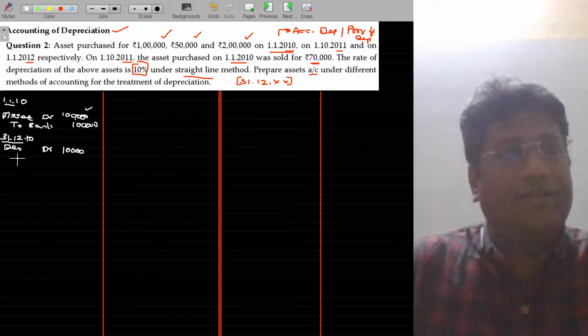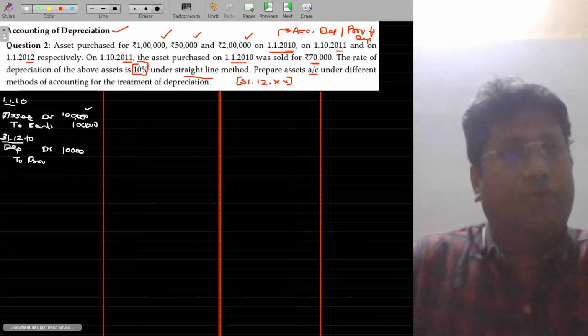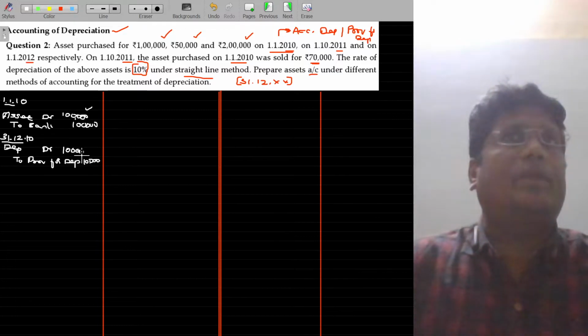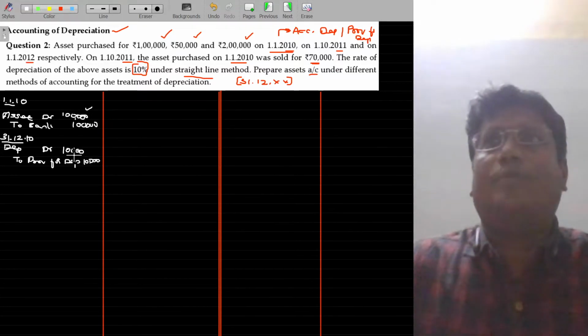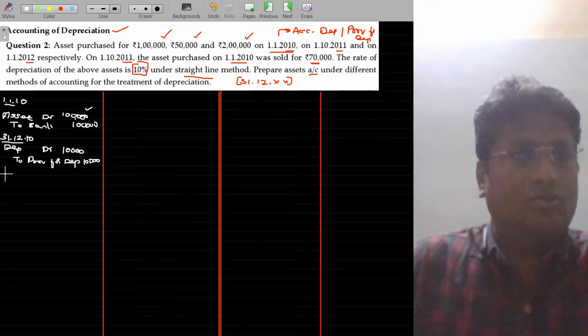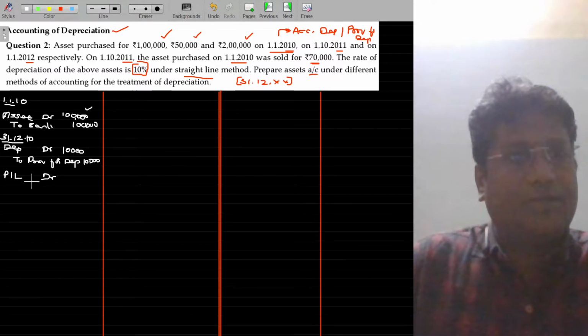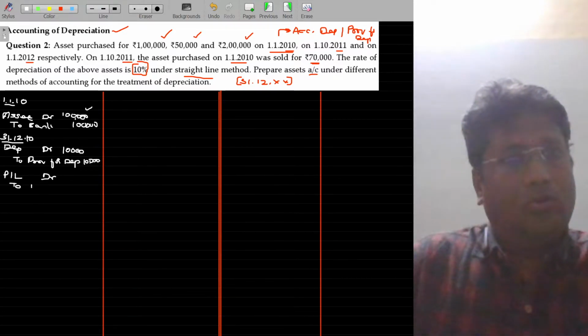That amount is accumulated in the provision for depreciation account, the value being 10,000. At the same time, the depreciation should be transferred to the profit and loss account. So, profit and loss account debit to depreciation, that value being 10,000.